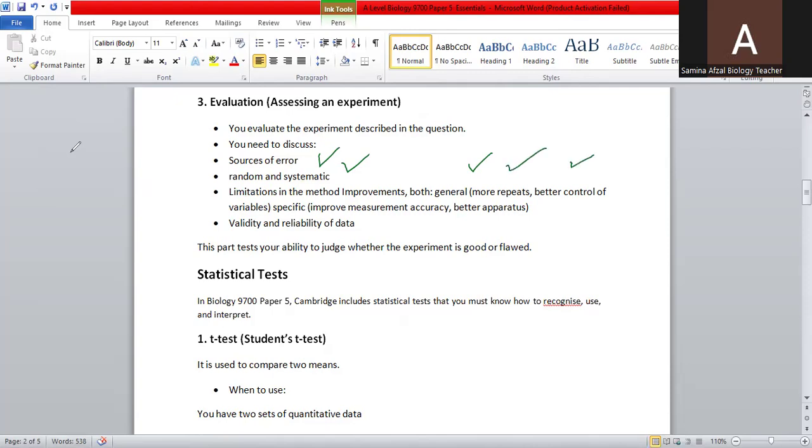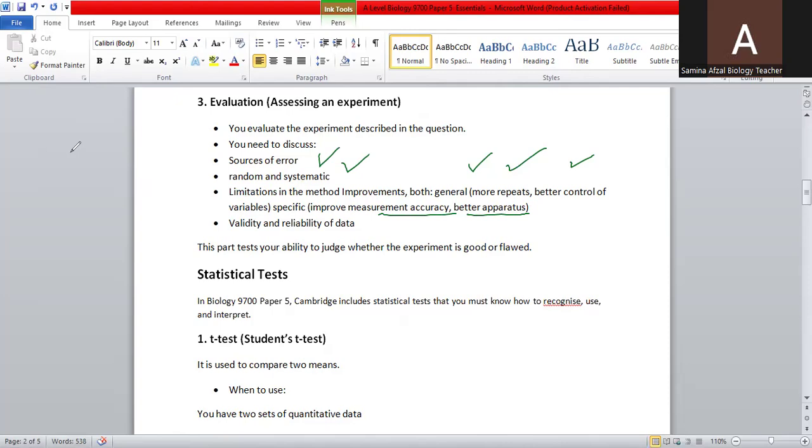That is, you can answer that you can improve by repeating the experiment or by controlling the different variables which have been used in this experiment or investigation. Improve measurement accuracy, and use better operators. These can be the possible answers for that.